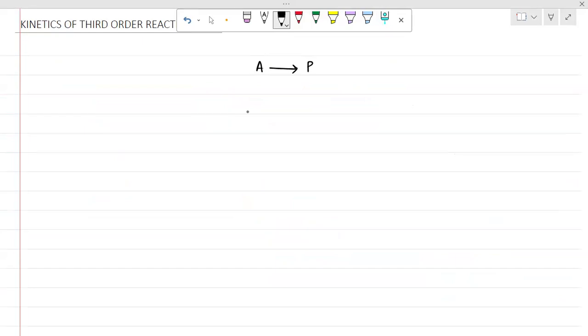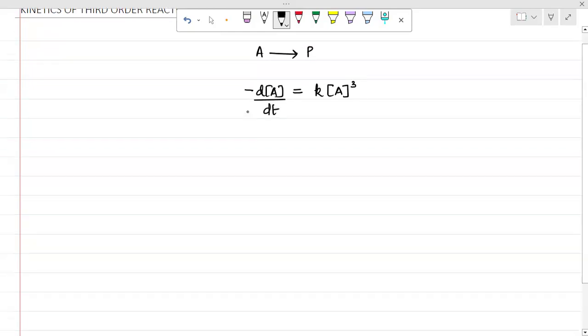Theoretical rate with respect to A is minus dA by dt. And I'm directly writing, okay? Because we have been doing this for 2 to 3 times. And this is equal to rate constant into concentration of A to the power 3 because it is a third order reaction. If I rearrange, minus dA by A cube is equal to K dt.